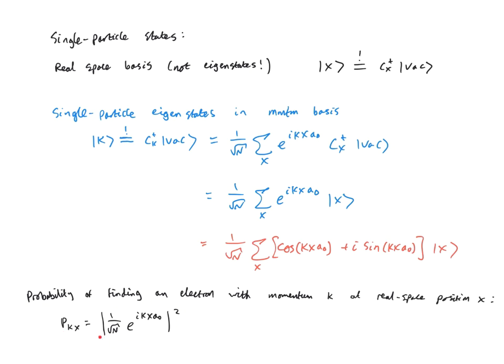Now the interesting thing, of course, is that the square modulus of e to the i theta is equal to 1 for any theta, and so this whole thing reduces to 1 over N, independent of k or x, meaning that there's an equal probability of finding the electron at any given site in the system. The electrons are totally delocalized over the whole system.